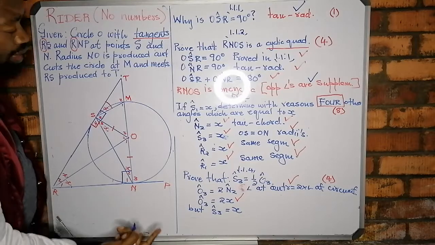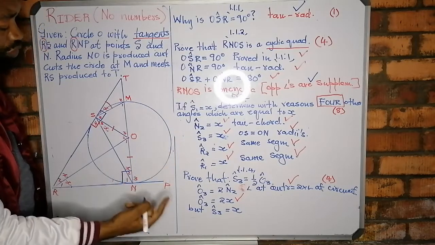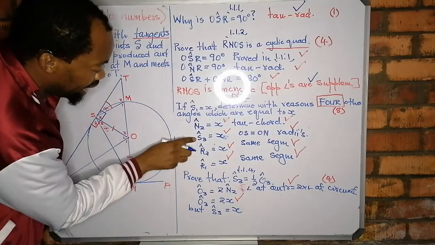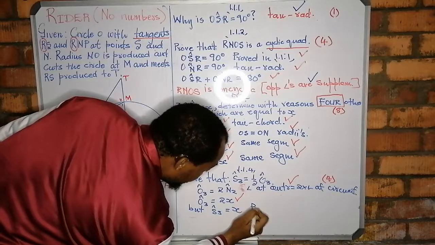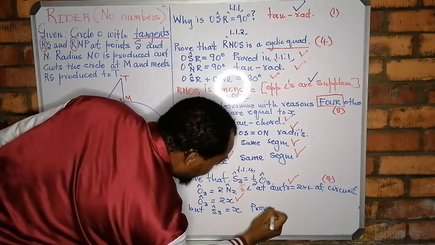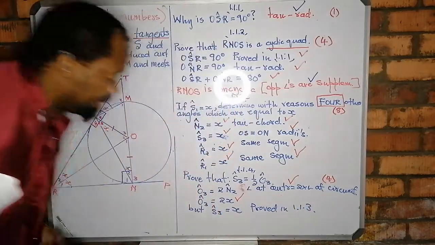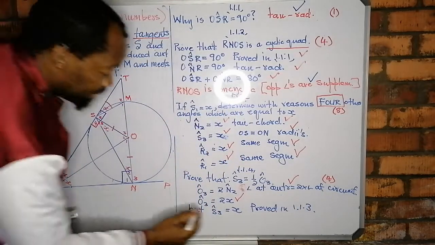How do I know that? It was proved in 1.1.3 there. I'm just going to say proved in 1.1.3. I get my mark there.